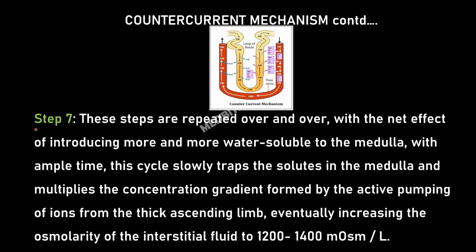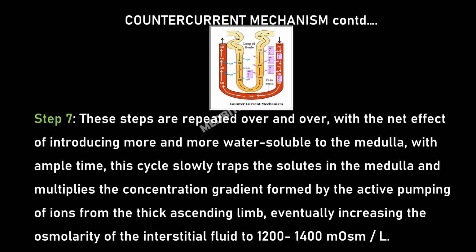Now we have come to the last step, that is step number 7. Steps 3 to 6 are repeated over and over, with the net effect of introducing more and more water-soluble solutes to the medulla.